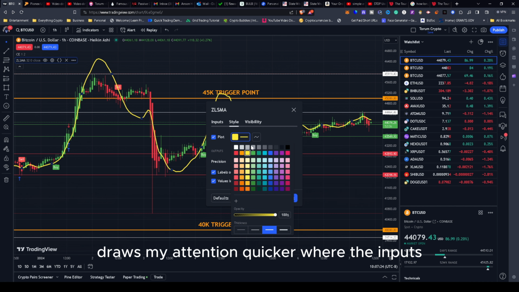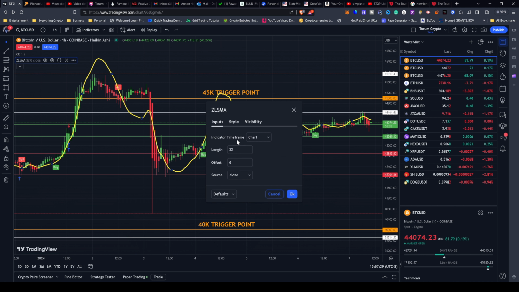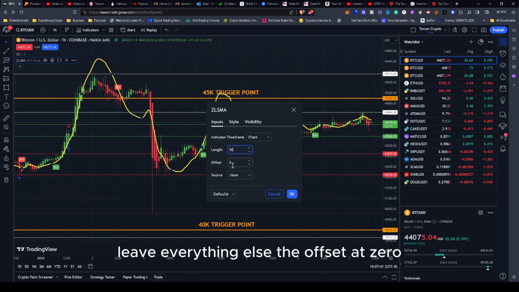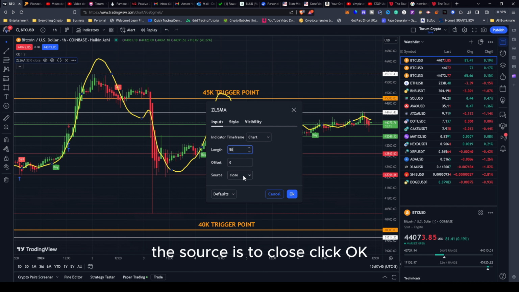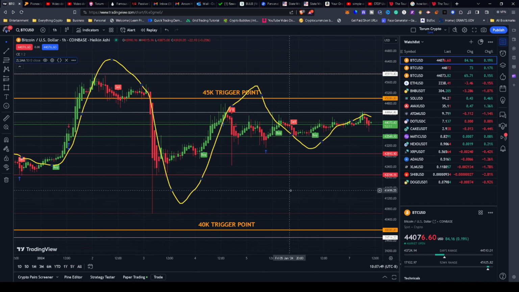Draws my attention quicker. For the inputs, we want the length to be 50. Leave everything else, the offset at 0. The source is the close. Click OK. And now you have your setup.